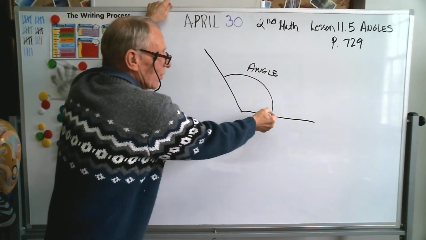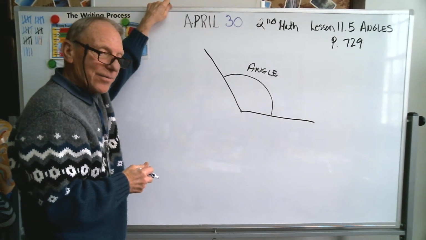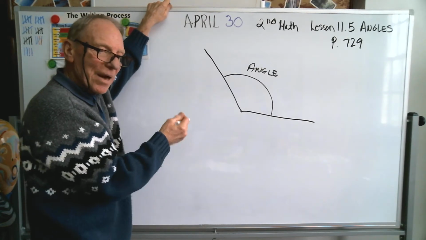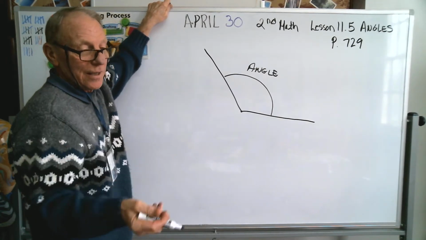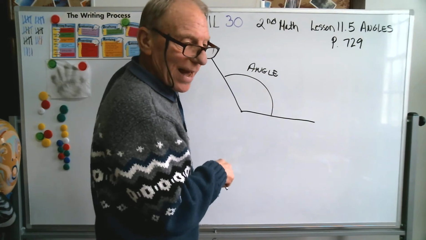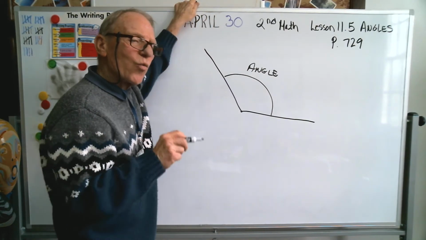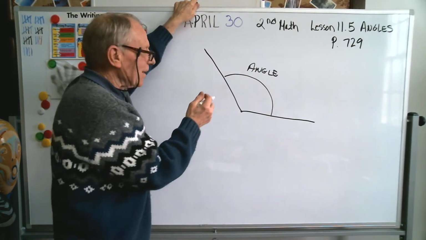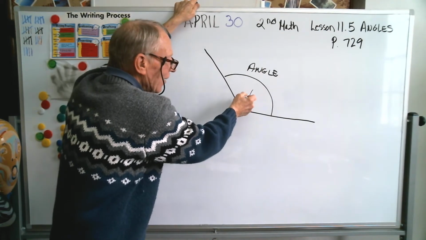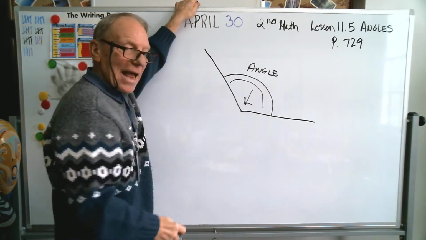So there's an angle, a way of measuring that. Now, we're not going to be asking you to measure that angle or even in this unit teach you how to do that. We just want to teach you to recognize that this right here is an angle.